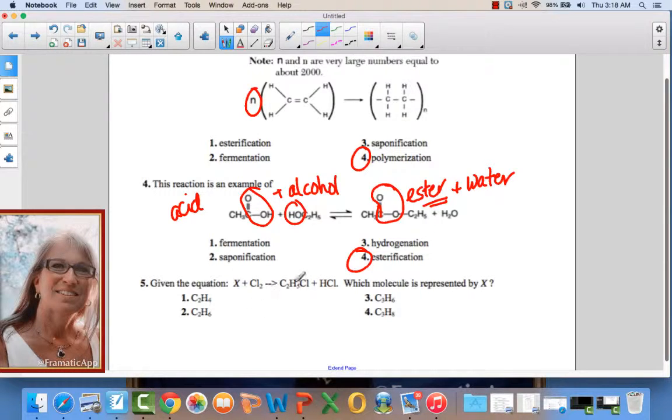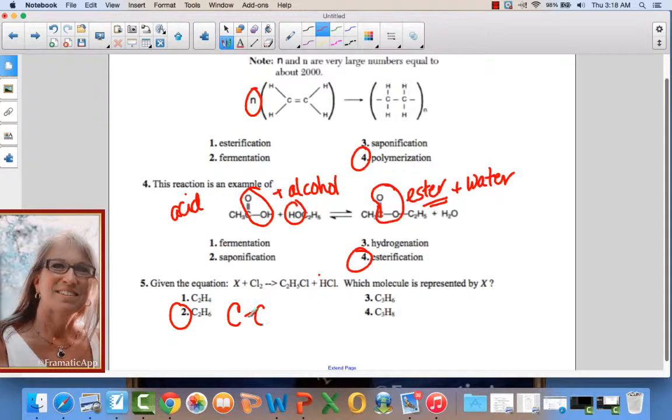So, what happened here was this H came off of this molecule X and hooked up with one of these Cl's to make HCl. And the other Cl was put on the molecule. So my original molecule was C2H6.